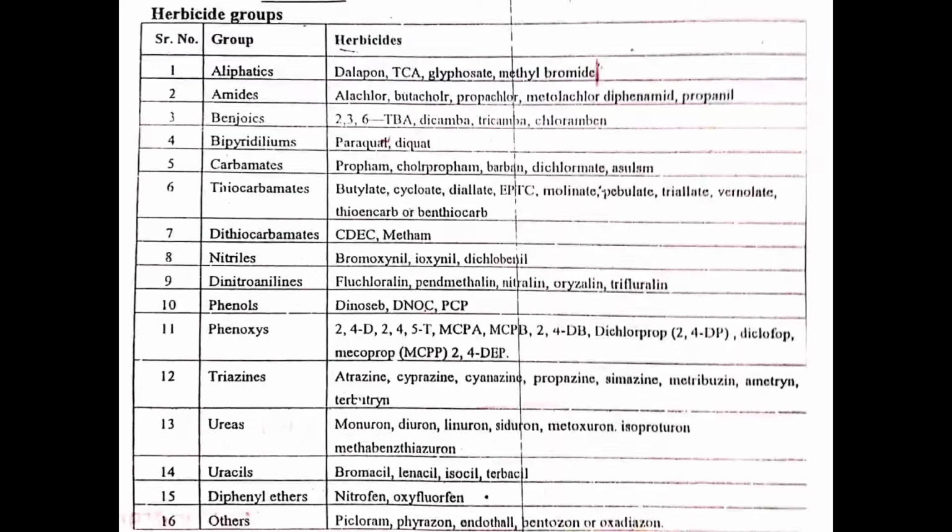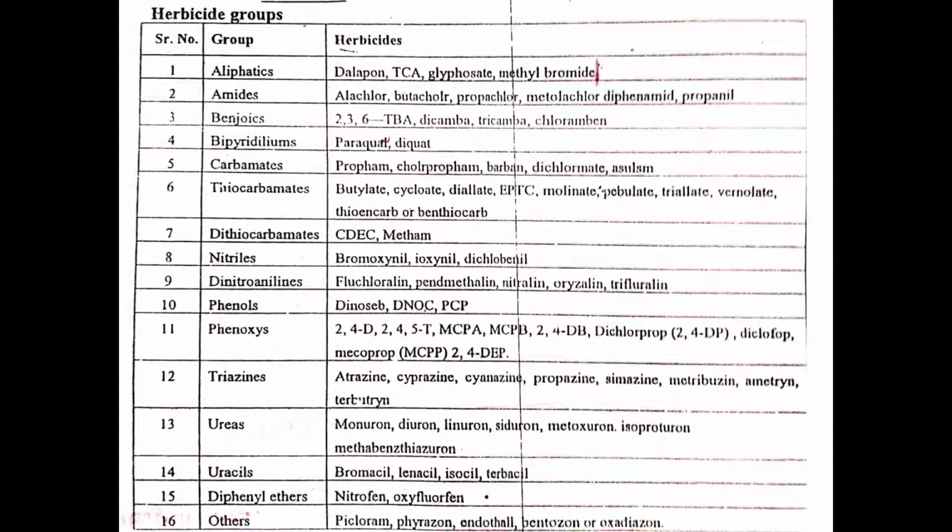So, classification according to their chemical composition. In the present day, herbicides are organic compounds, and they can be further divided into 16 groups.